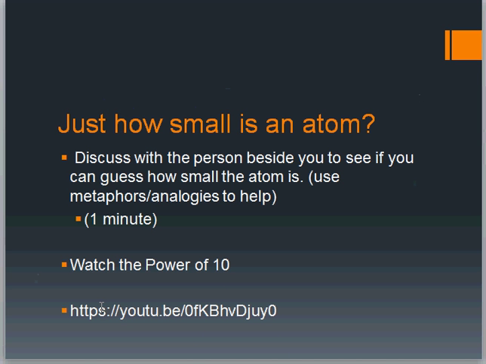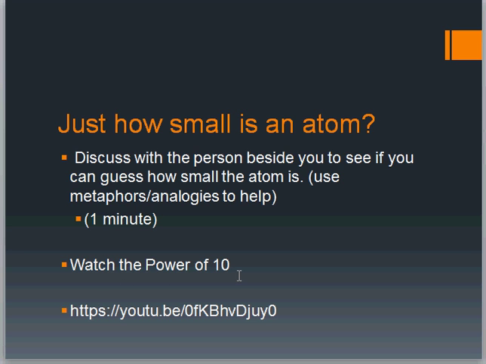So, just how small is an atom? If we say that the atom is the smallest piece of a pure substance we can have, how small is it? I'd like you to take 1 minute to discuss this with the person beside you if you happen to be watching this in pairs. If not, then pause the video and think about it yourself, write down an answer in your notebook, and then continue.